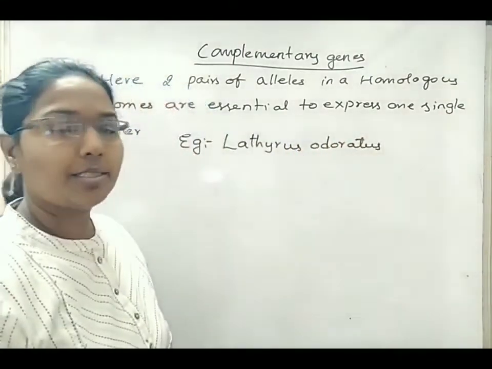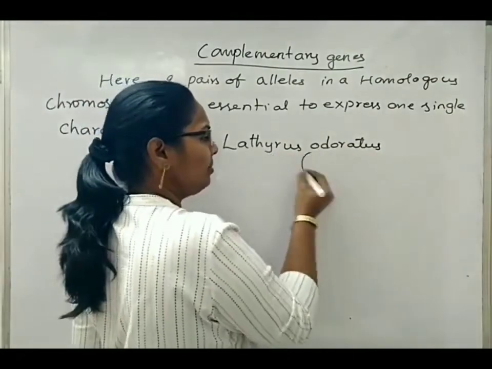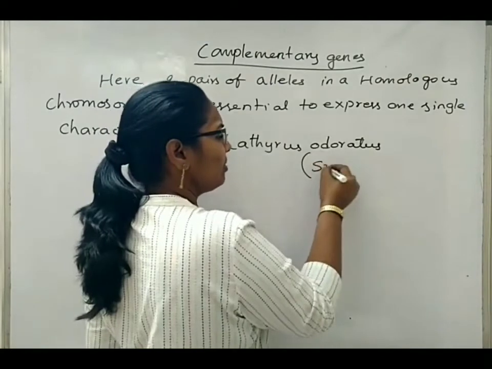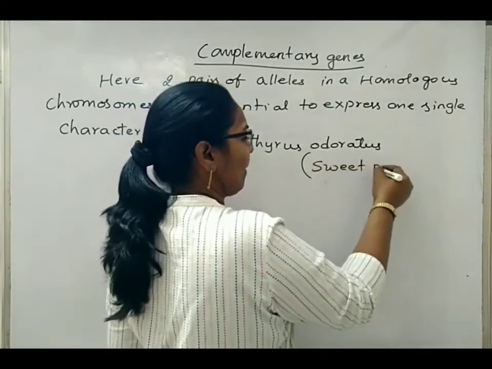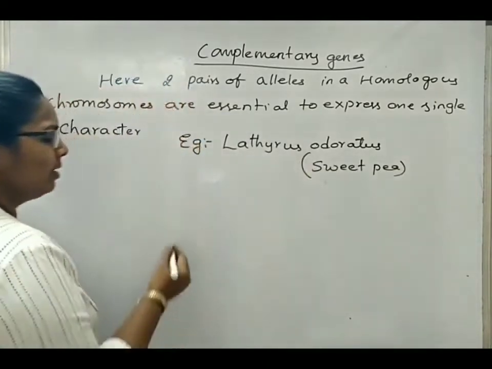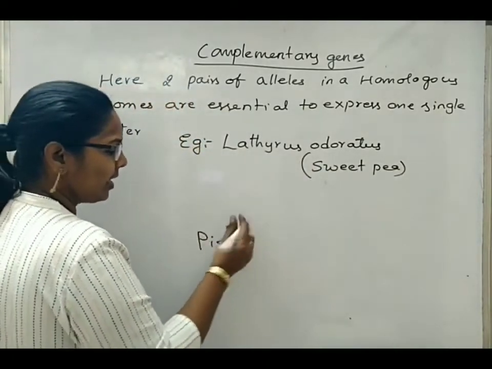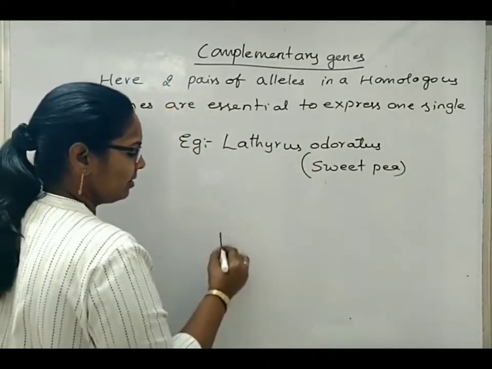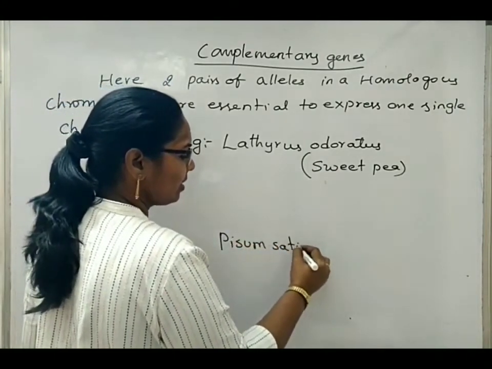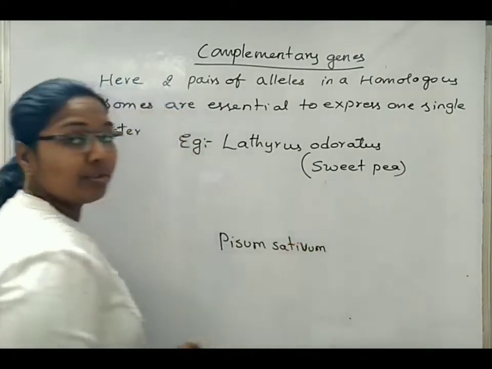Lathyrus odoratus. Now, this is the botanical name of one plant, that is sweet pea. What is the common name? Sweet pea. This is the botanical name and this is the common name. We also know that there is another example, Pisum sativum, on which Mendel has worked.